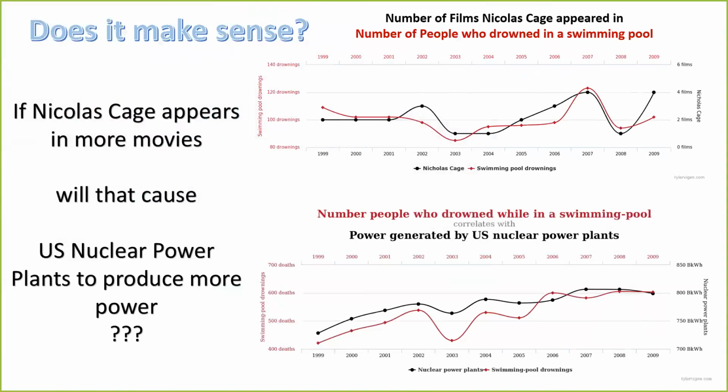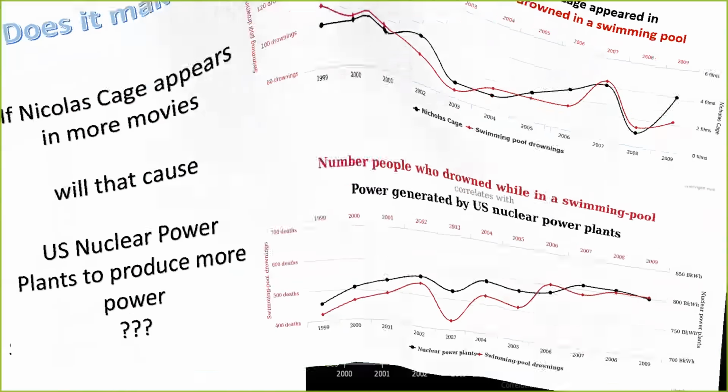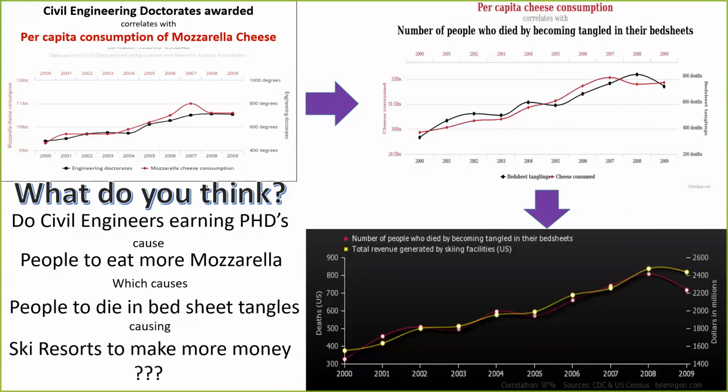I've got a couple more. So the number of civil engineering doctorates awarded correlates with the consumption of mozzarella cheese, which correlates with the number of people who died by becoming tangled in their bed sheets, which just so happens to correlate with the total revenue generated by United States skiing facilities.